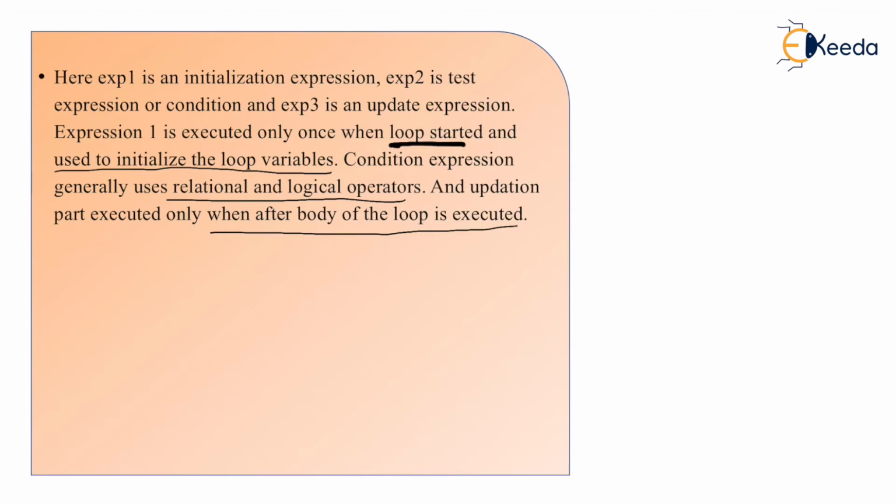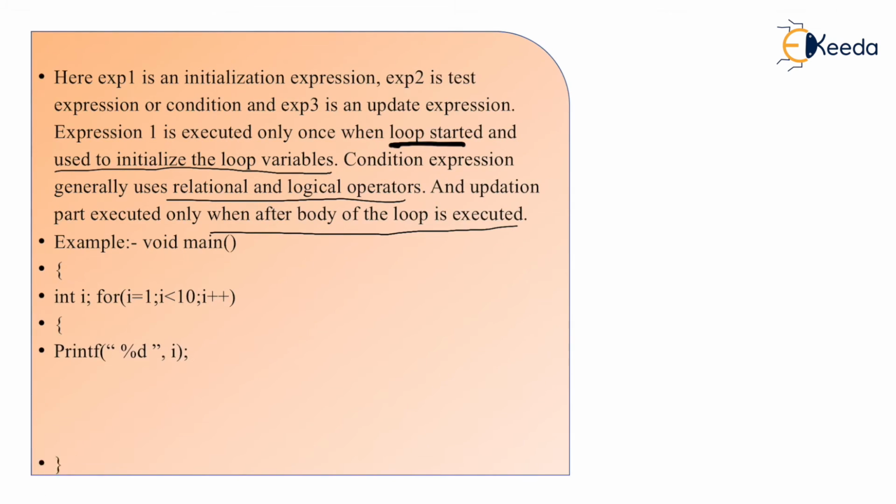of the loop is executed. For example: void main, int i, for i is equal to 1, i is less than 10, i plus plus, bracket open, printf i, bracket close. So here we are displaying the numbers 1 to 10. How do I get to know?